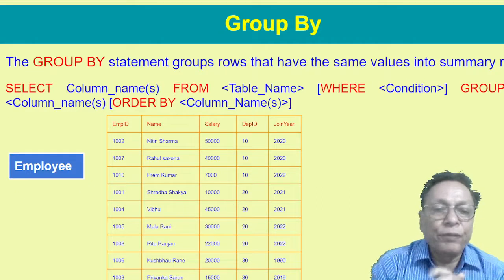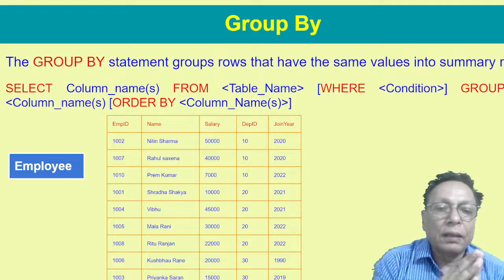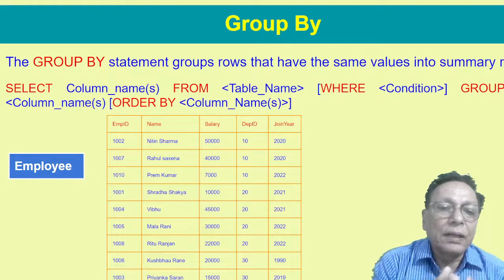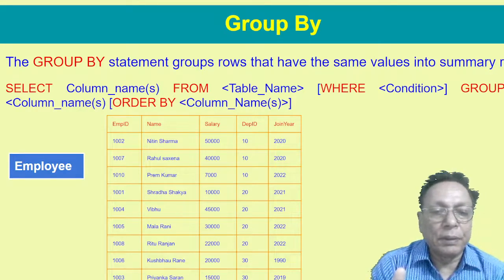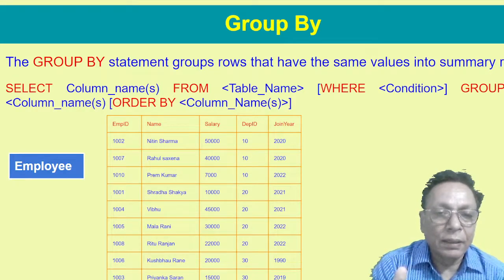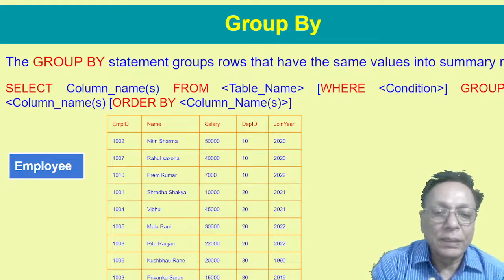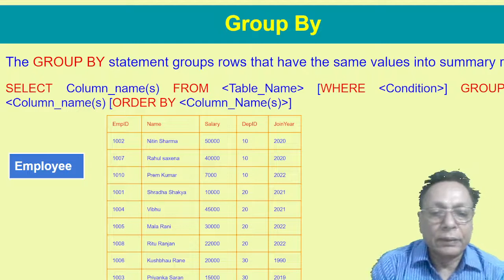It means we want to summarize this table salary-wise: what salary is being disbursed to department ID 10, department ID 20, department ID 30.